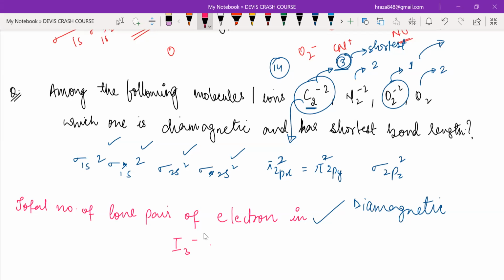Yeah, five lone pairs. Oh wait, it's I3 minus. Total number of lone pairs of electrons.